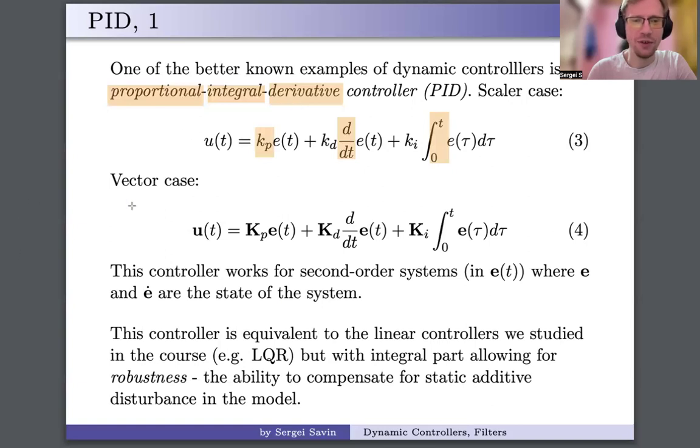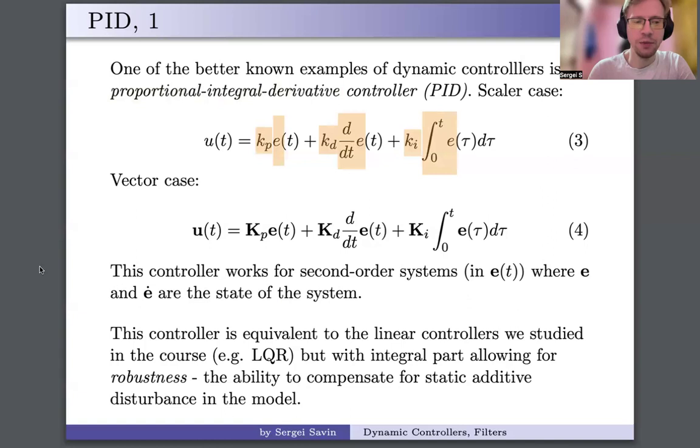It has all those three terms. The way it works is you have a proportional coefficient times the control error, plus a derivative coefficient times the derivative of the control error, plus an integral coefficient times the integral of the control error.